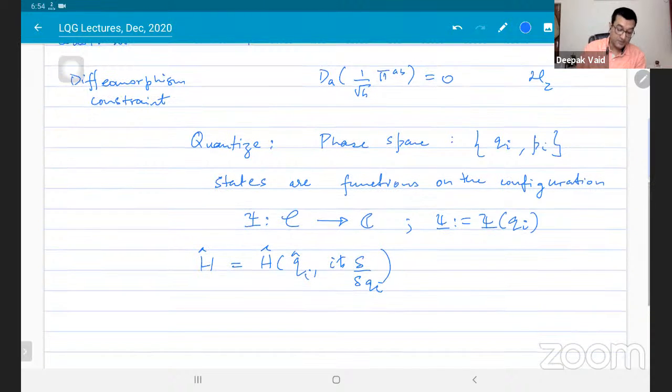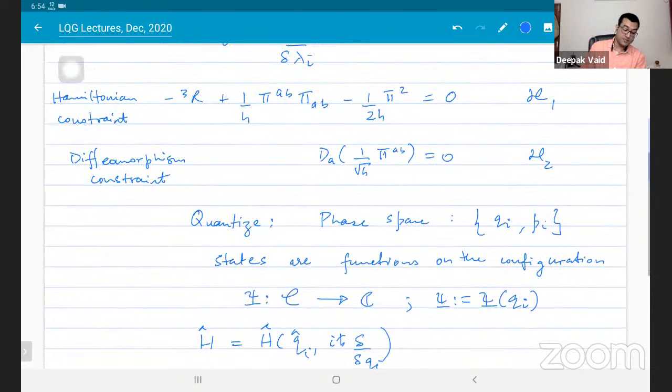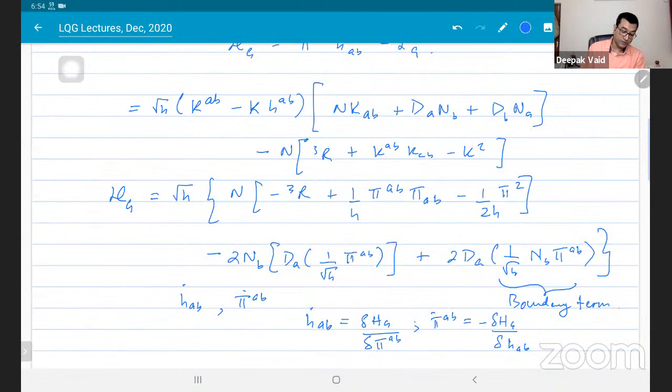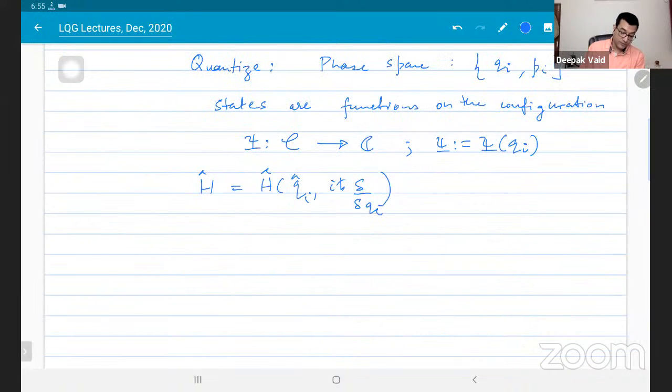So the hope, at least this used to be the hope, is that once you have this formulation of general relativity, when you have this Hamiltonian, right, that one can perform this quantization procedure. But there is a problem. What is the problem? Well, let's say you want to write down the operator for the momentum. Okay, so this operator, let's say, would be something like this.